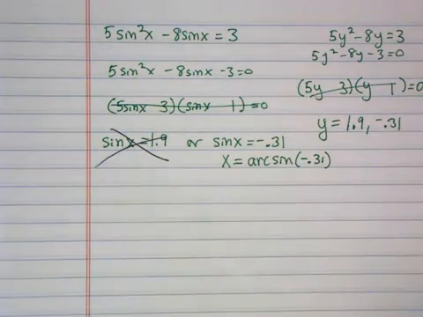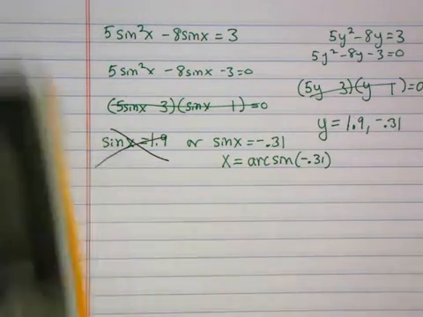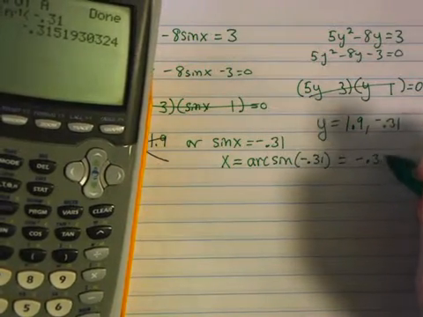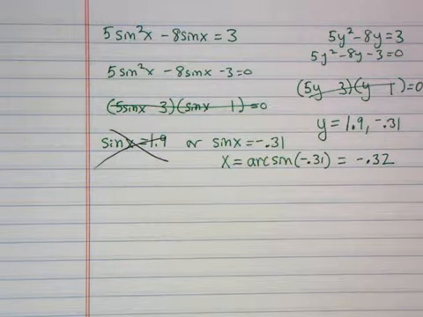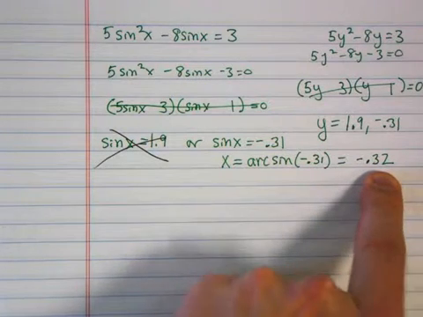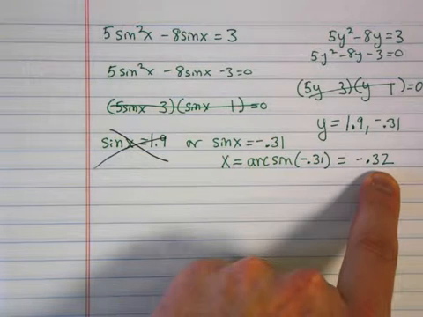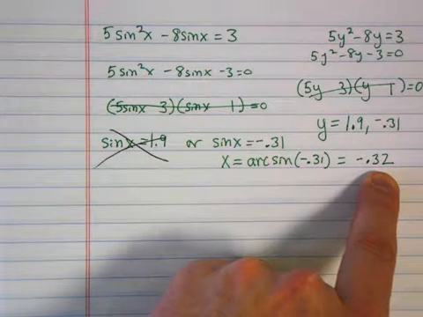I hit the inverse sine button on my calculator, and it tells me that's -0.32, rounding to 2 decimal places. And that's the answer in quadrant 4.